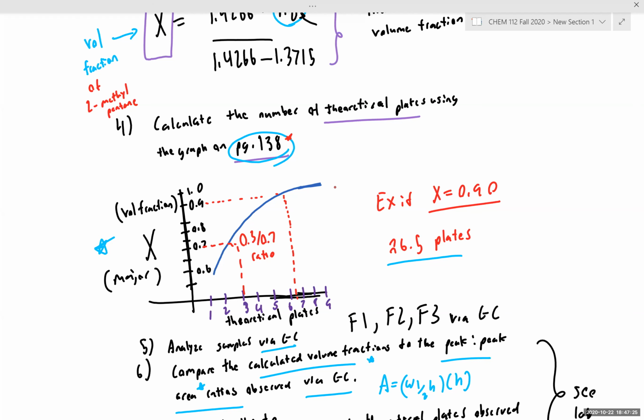So what you're going to do is measure the volume fraction using this equation. And after you get your calculated volume fraction, you're going to take it to the table. And if, for example, you have a volume fraction of 0.9 for your 2-methylpentane, you'd estimate that your number of theoretical plates would be around 6.5. Now, of course, theoretical plates is a whole number, so you'd round this to 7. And so from the refractive index, we can estimate the number of theoretical plates. Does that make sense to everyone?